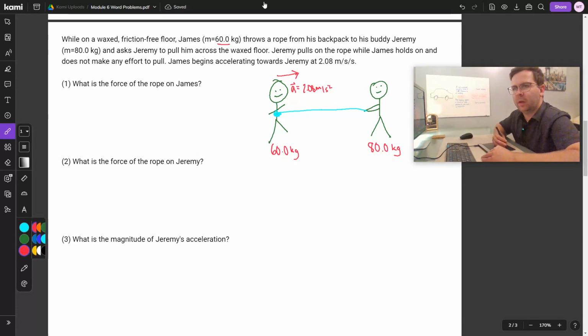So let's start answering this first question if we can. It says, what is the force of the rope on James? So this is James right here. How much force is he being pulled with? Well, at first it might seem like an impossible thing to know, unless you remember that there's a connection between acceleration and mass and force.